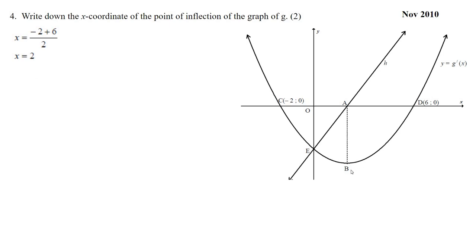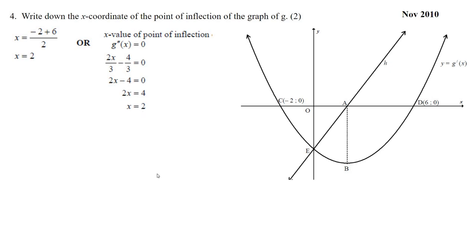But hey, you could get this 2 in different ways. We have the equation, so we could figure out the second derivative. Just take the derivative of the equation, take the second derivative, make it equal 0, and find that x equals 2.